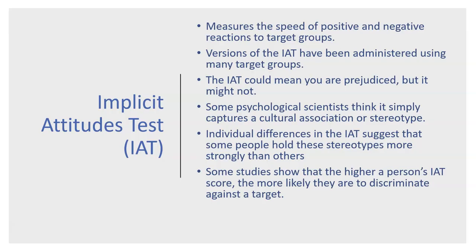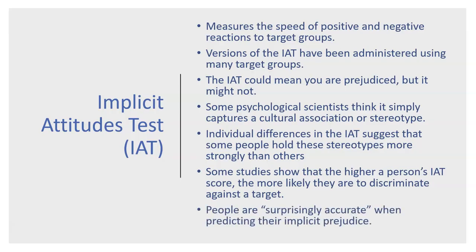So just because you have a high IAT score in a particular domain doesn't necessarily mean that you're going to actively discriminate against a target. What it means is that you may be statistically more likely, but it doesn't mean that you, as an individual, are more likely. And that's tricky.